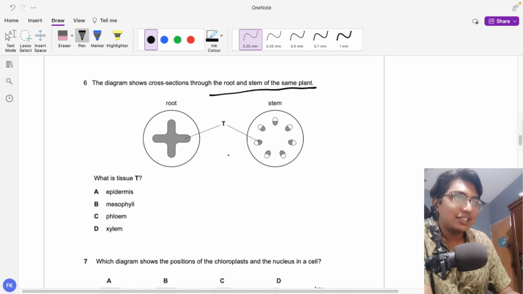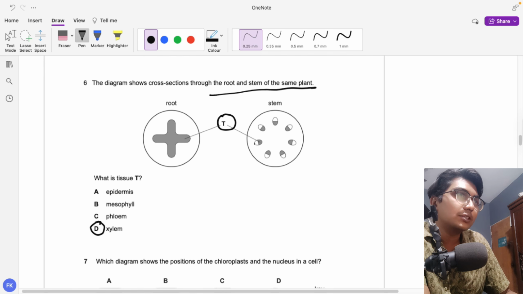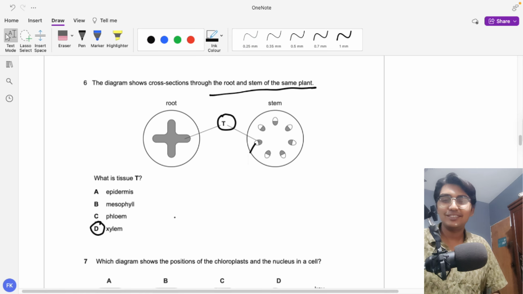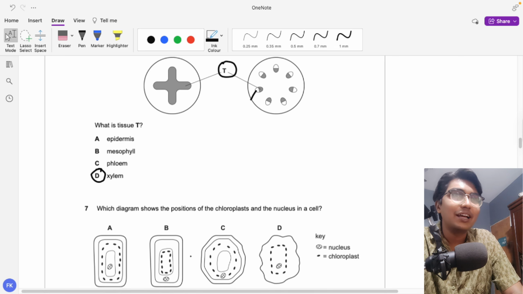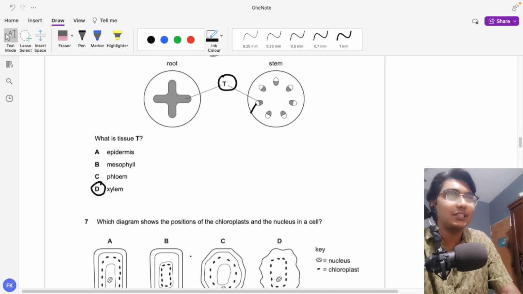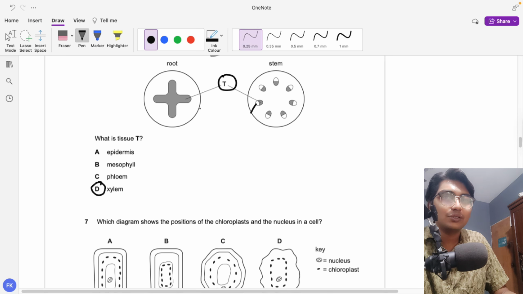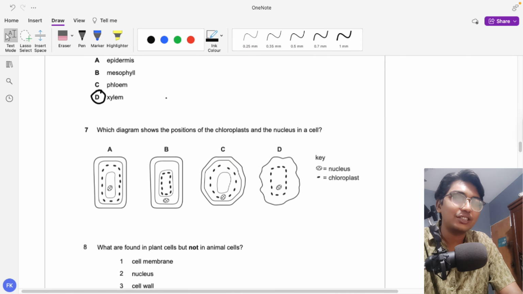If you studied plants, you will know this tissue T is xylem. Why not phloem? Phloem is present over here. So it is xylem. And why not mesophyll cell or epidermis cell? Because you cannot see an epidermis cell over here, right? It is not the structure.